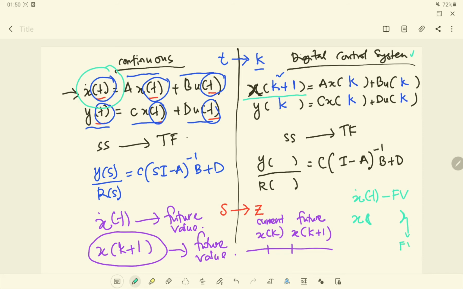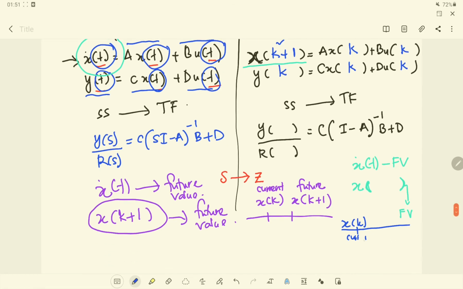We also know that if xk is the current value, then to represent the future value we use xk plus 1.